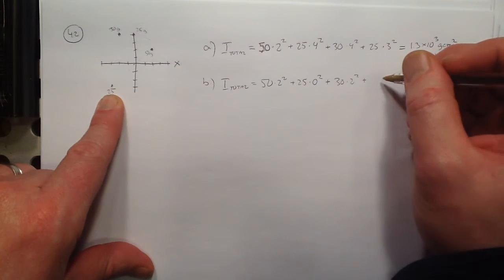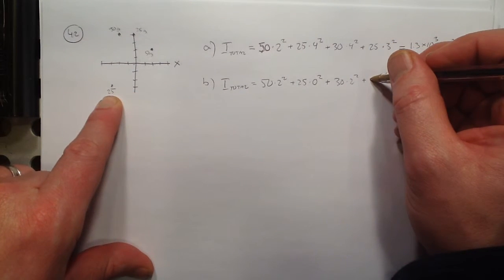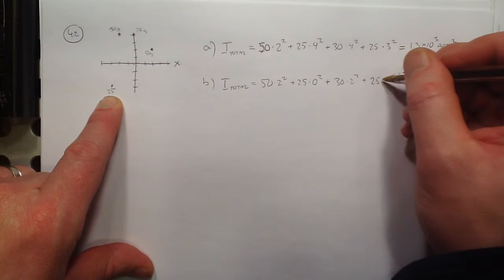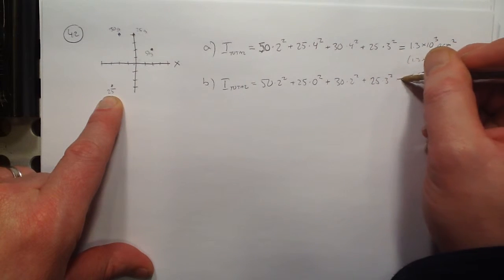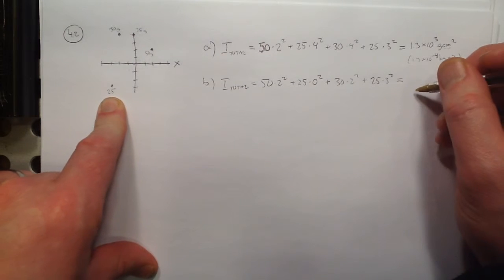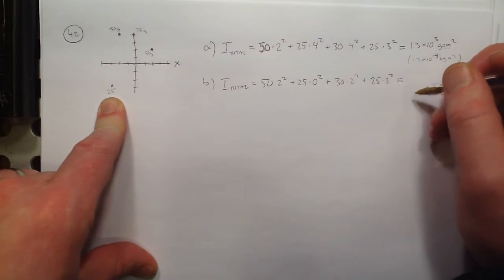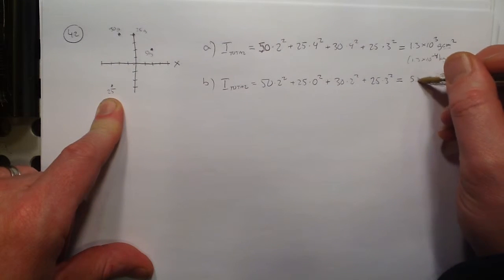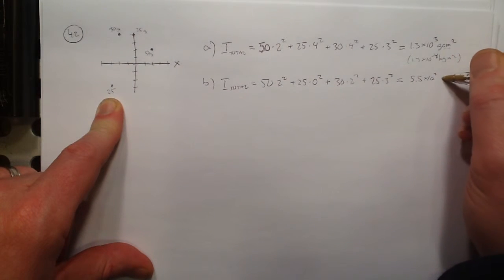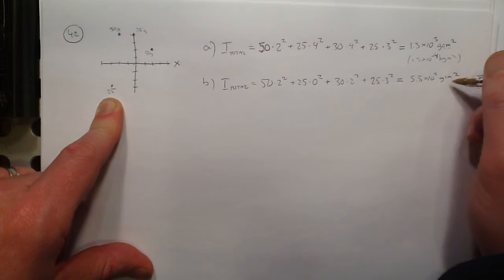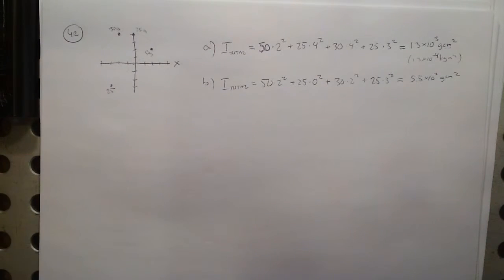And this one is a distance of 3 away. And that, if you run the numbers there, you should get about 5.5 times 10 to the second gram centimeter squared. Or again, you can move the decimal 7 places if you did it in kilogram meter squared.